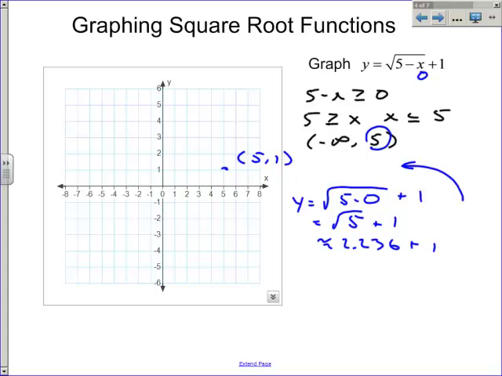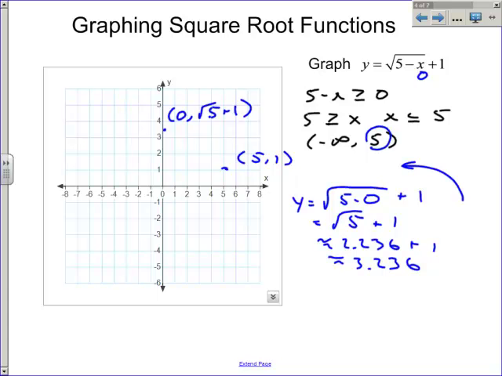If I add 1 to that, I would get 3.236. I don't think I can graph that exactly, but it's really close to 3 1/4. So I'm going to put my y-intercept here at right about 3 1/4. And how am I going to write it? Well, I know my x value is 0. My y value is the square root of 5 plus 1.